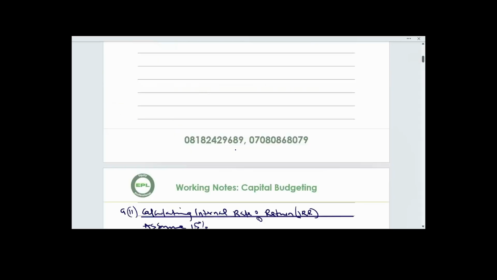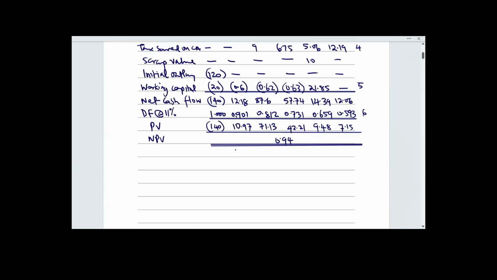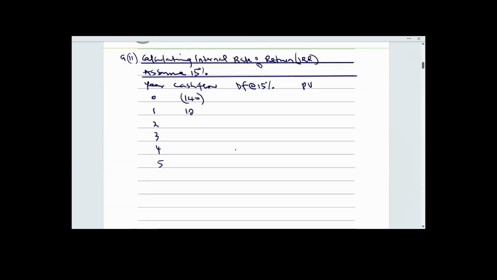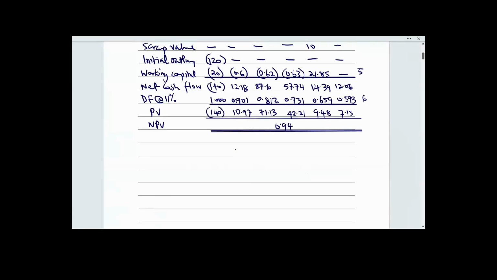The net cash flow in year 0 is 140 million. Net cash flow in year 1, based on the NPV we have computed, is 12.18. Net cash flow in year 2 is 87.6.